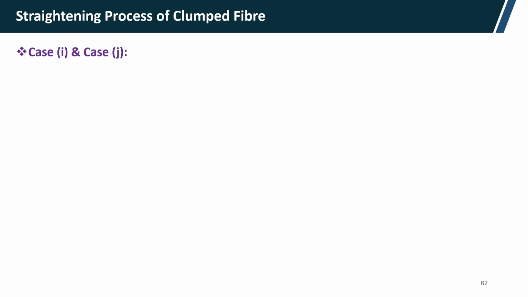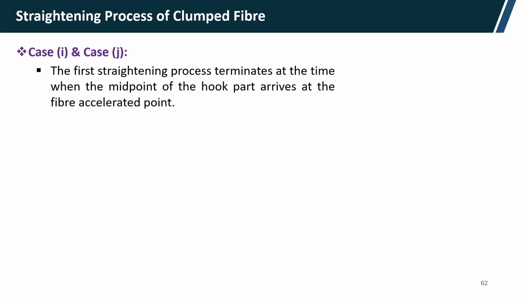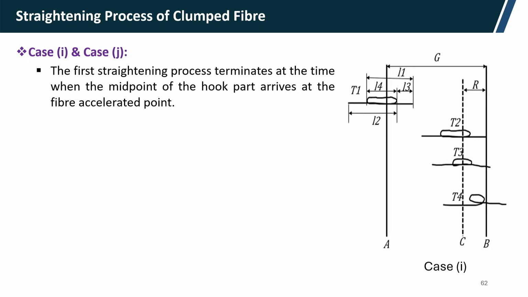Case I and case J. In case I, the first straightening process terminates at the time when the midpoint of the hook arrives at the first acceleration point. Now, we can see the midpoint of the hook has arrived at the accelerating point.